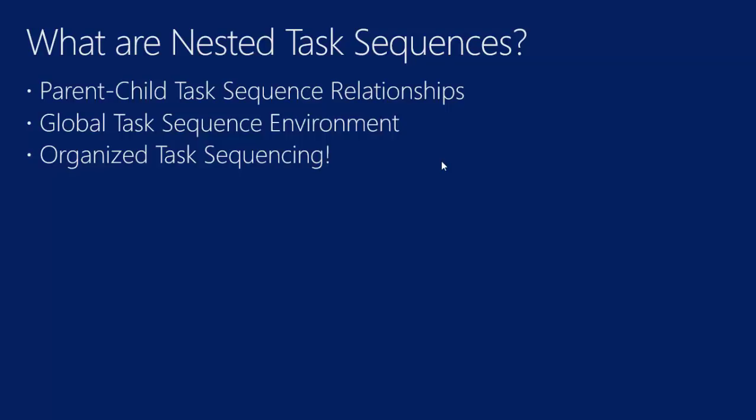So whether you have a 400-step individual single task sequence, or you have 40 individual task sequences all joined together to do the same thing at the client, it's going to be one big policy. Doesn't really matter whether it's nested or not, right?